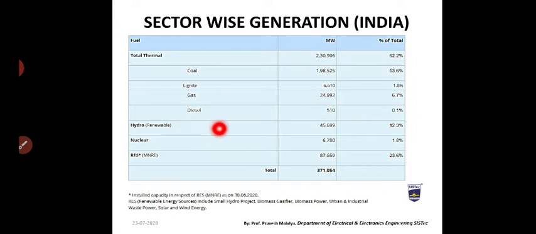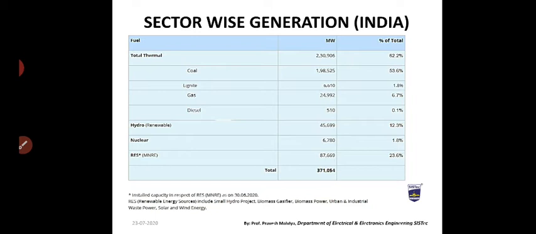Now coming to the next sector, that is hydro. Hydropower plants can be divided into renewable as well as conventional, because it's quite old, so we can divide these hydropower plants into two categories. One comes under renewable because it's a clean source of energy with no harm to the environment.